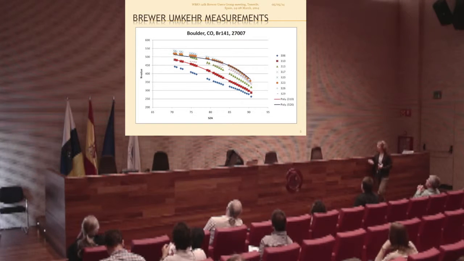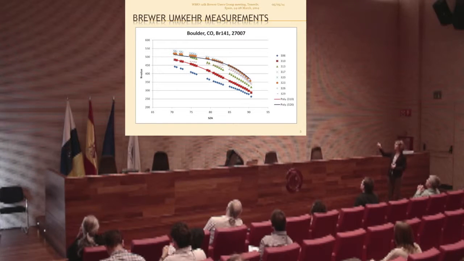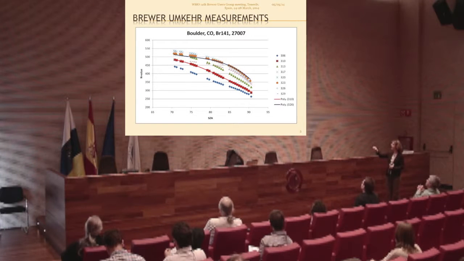You have several wavelengths where you are measuring Umkehrs during the day. And then the C pair is formed by these two wavelengths, which are 310 and 326 nanometers. But you can use all of these wavelengths, and then you can stick with the measurements that are just within that range of the solar zenith angles.